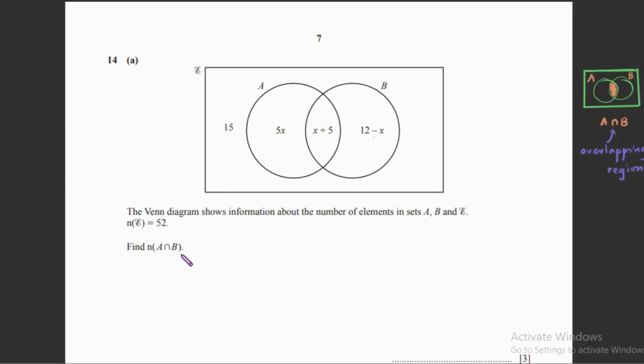So for us to find what A intersection B is, first we need to find what x is. So I'm going to add 15, that is this region, and these 3 regions that we have, which is 5x, and then we have x plus 5, and then 12 minus x. So these 4 regions together will be equal to the number of elements in the universal set, which is 52.